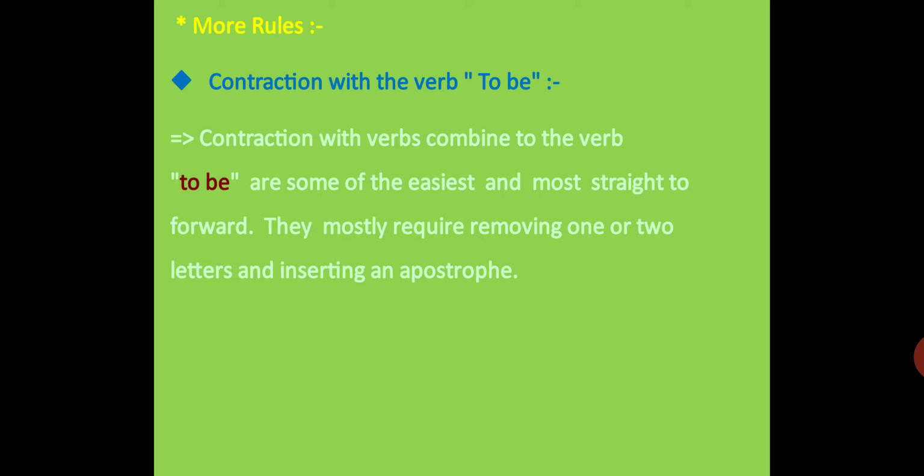They mostly require removing one or two letters and inserting an apostrophe. Means when we are making a contraction with the verb to be, it is the easiest and simplest way to form a contraction.